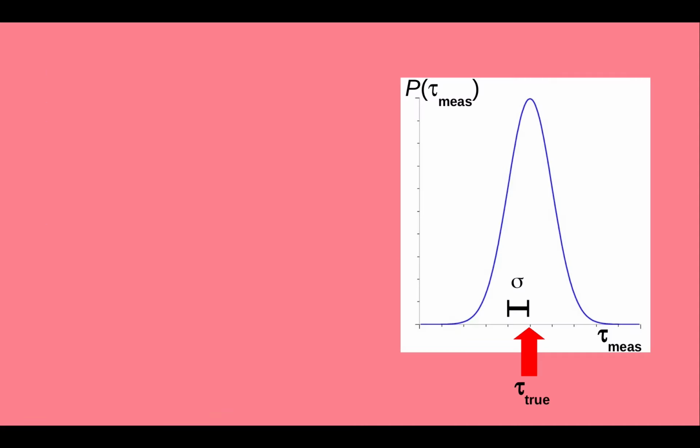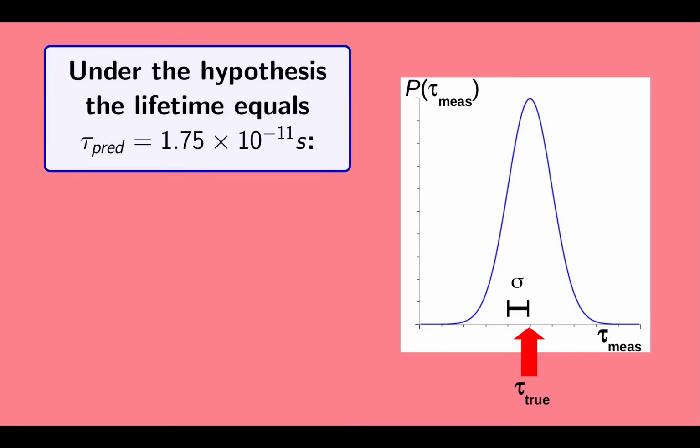Okay, so assuming Gaussian errors, the measured values of the lifetime should be Gaussian distributed around the true value. But we want to ask how strange the observed measurement is if the prediction from the speculative model is correct. So, under the hypothesis that the lifetime is equal to the predicted value, 1.75 times 10 to the minus 11 seconds, we recenter the curve at that predicted value.